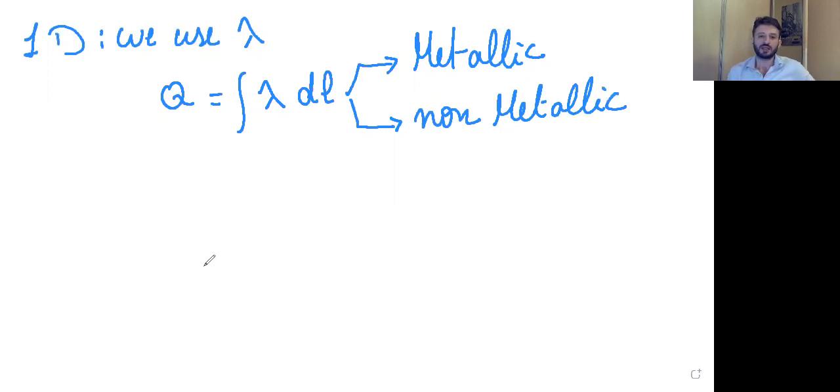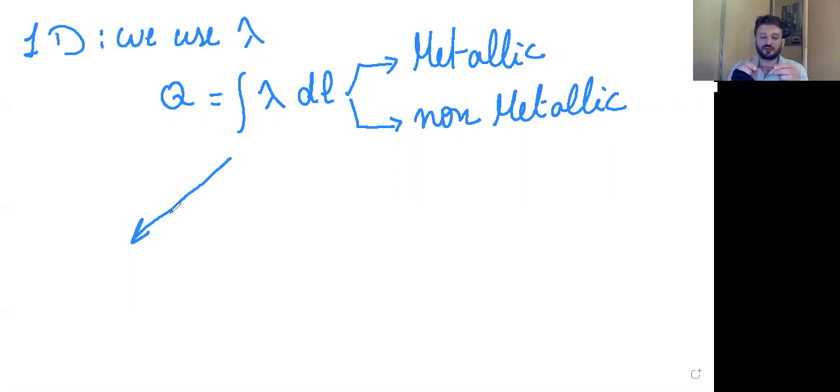Now the question is, if Q is uniformly distributed inside the object or non-uniformly distributed. In the case of uniform distribution, what I mean is, for each element of this object, we have the same quantity of charge.